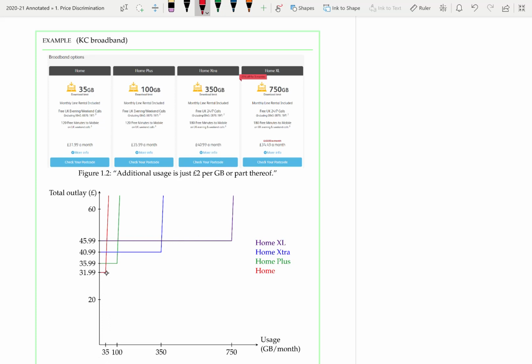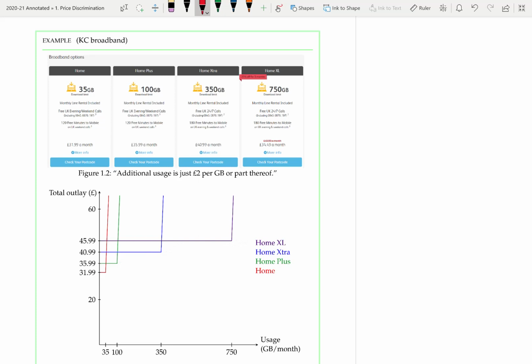So that's this point here. Once they go over that limit, they pay £2 per gigabyte. So that's the steep bit here. So that's got a slope of 2. And it's a similar situation for the other plans. We have the total outlays here for the other 3 plans. And we have a kink at their limits.